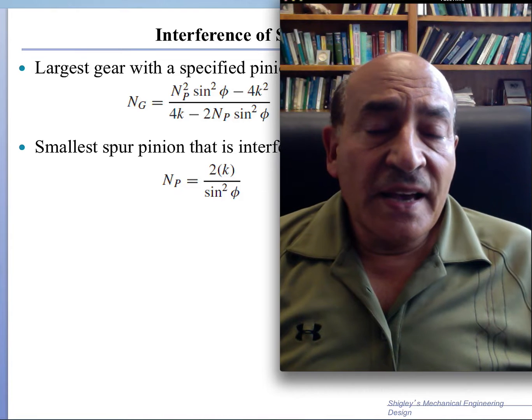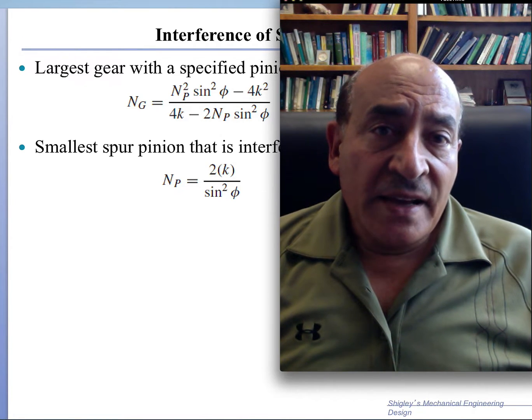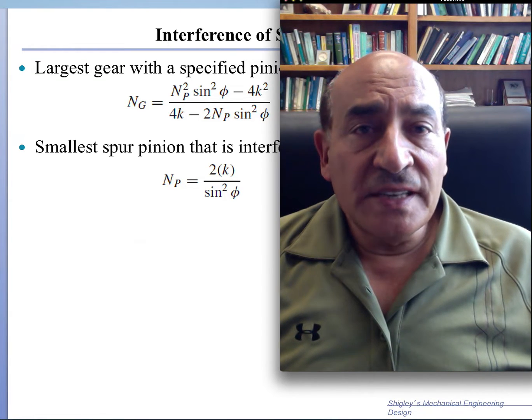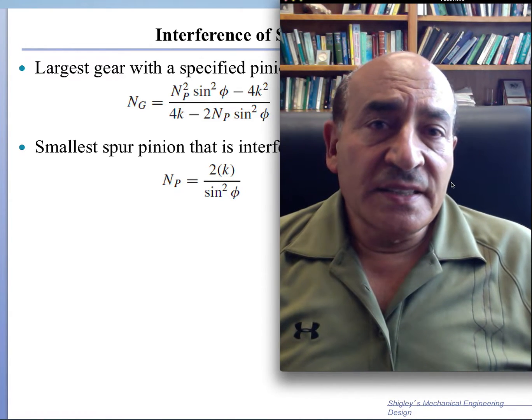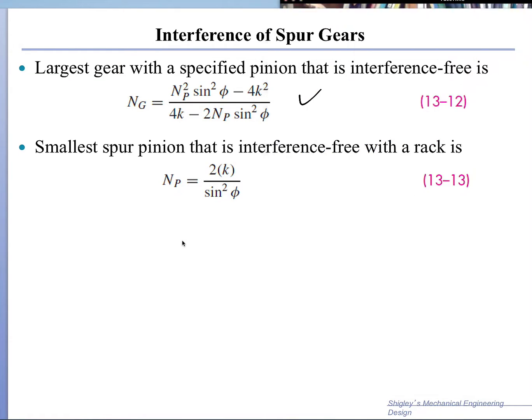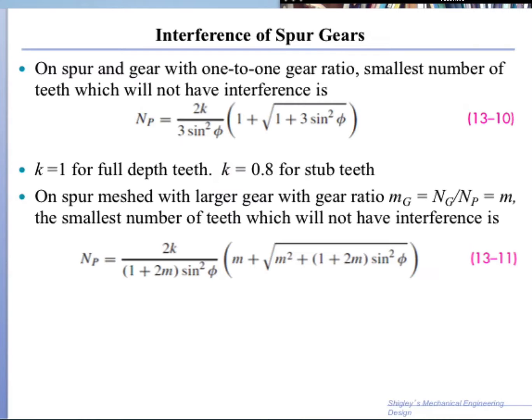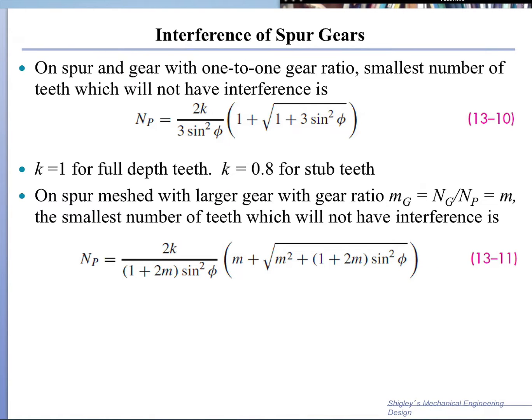In case we have a pinion and a rack, the number of teeth in the rack is essentially infinite, so we can still determine the number of teeth on the pinion by using the same kind of argument here. In this case, we can apply equation 3.11 with m equal to infinity.